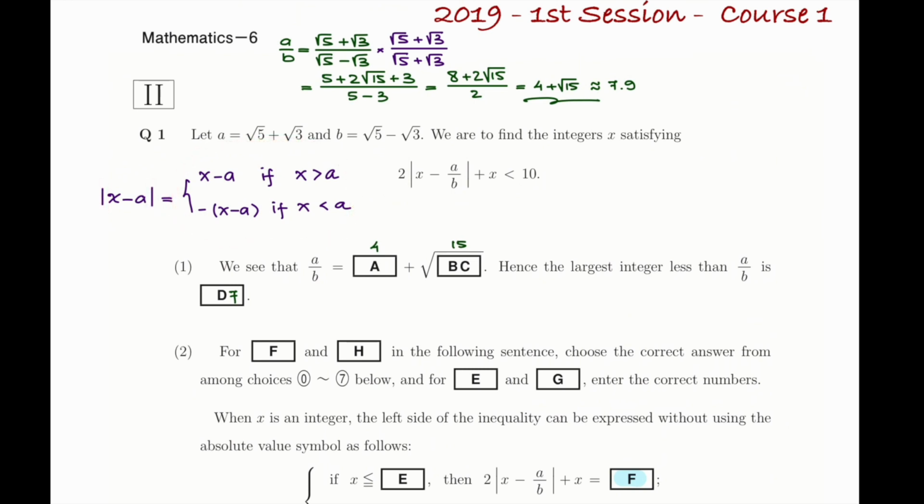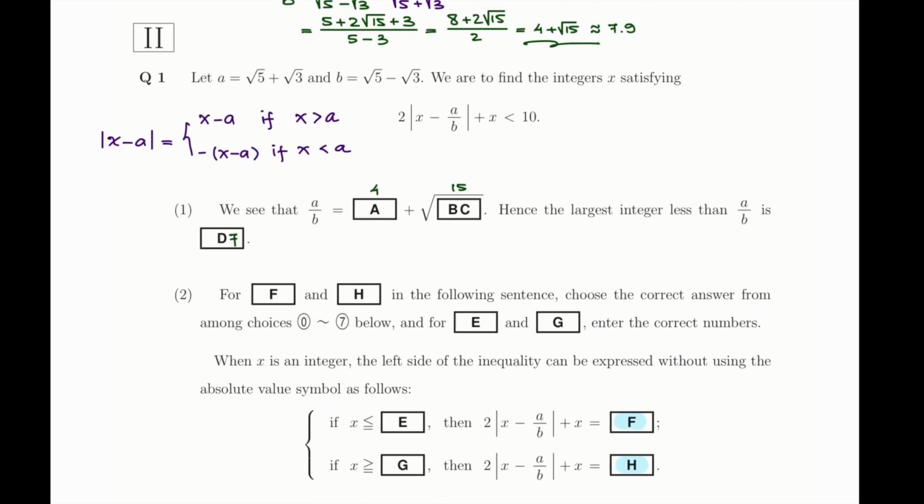concept. So for our inequality, we have absolute x minus a over b. By using the same concept here, I will have absolute x minus a over b equals x minus a over b if x is greater than a over b, and then it becomes negative, open bracket, x minus a over b, if x is less than a over b.